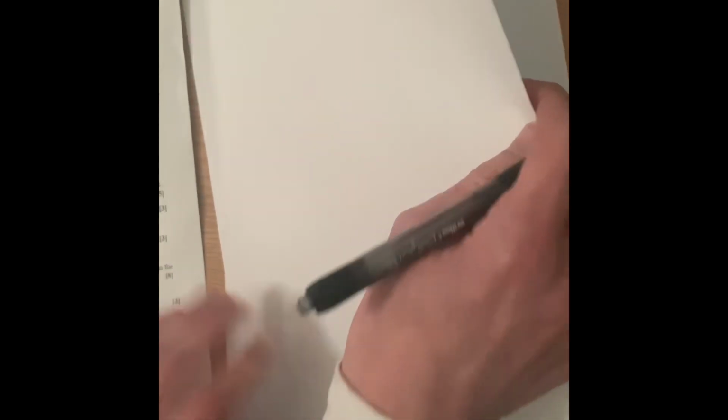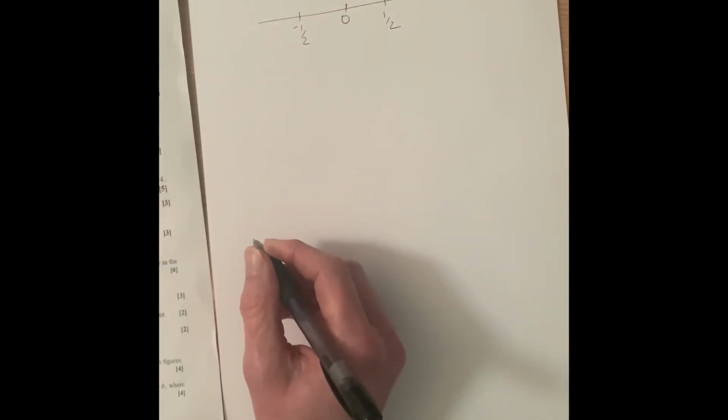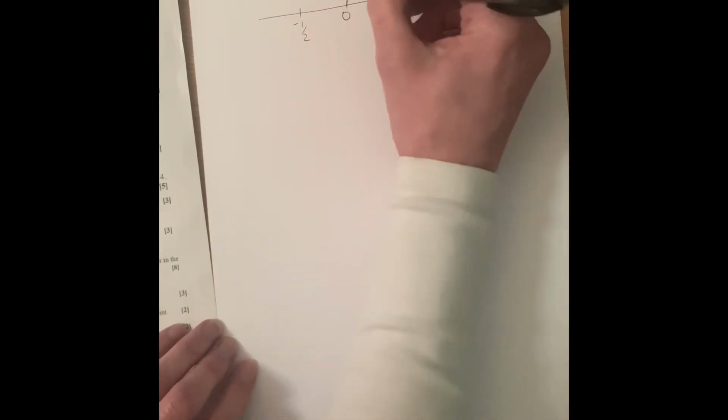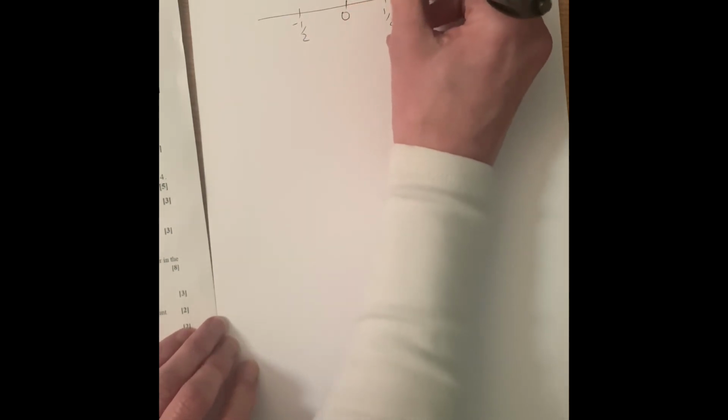In fact, I might not even draw the coordinate axes. Let's think about our x values. You've got 0, you've got a half, and you've got minus a half. Now you know that at 0 you've got a maximum, and at a half you've got a minimum, and at minus a half you've got a minimum.